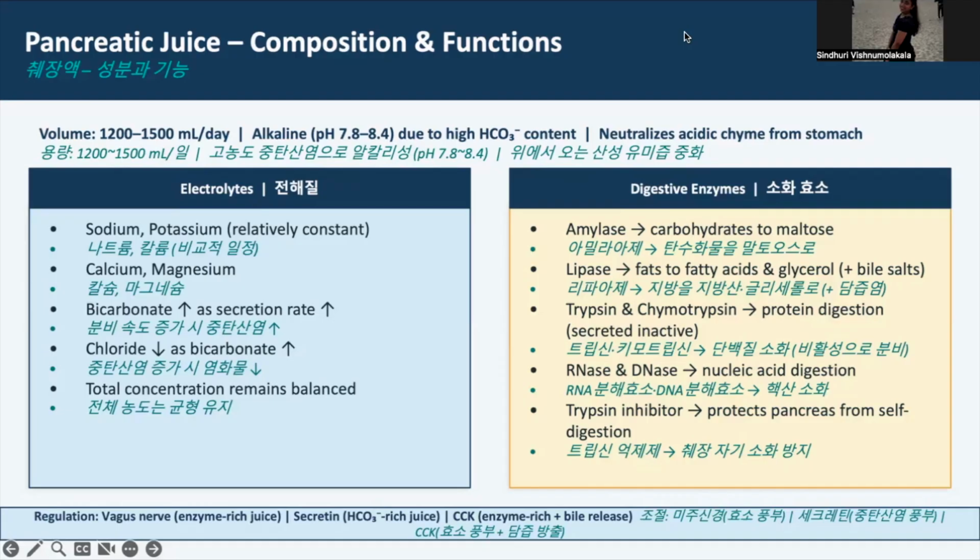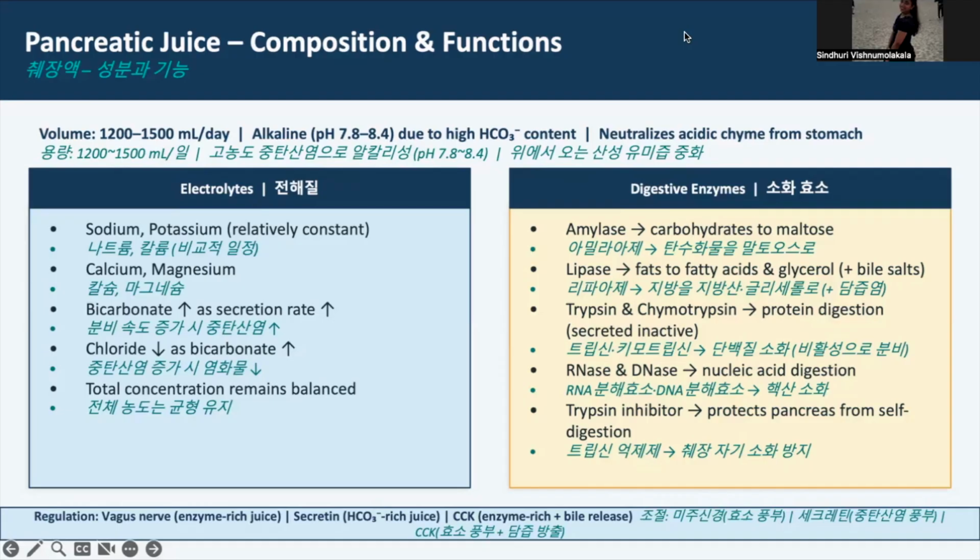Electrolytic composition varies with the rate of secretion. At high secretory rates, chloride concentration falls and bicarbonate concentration rises. And the total concentration of these two always remains constant.